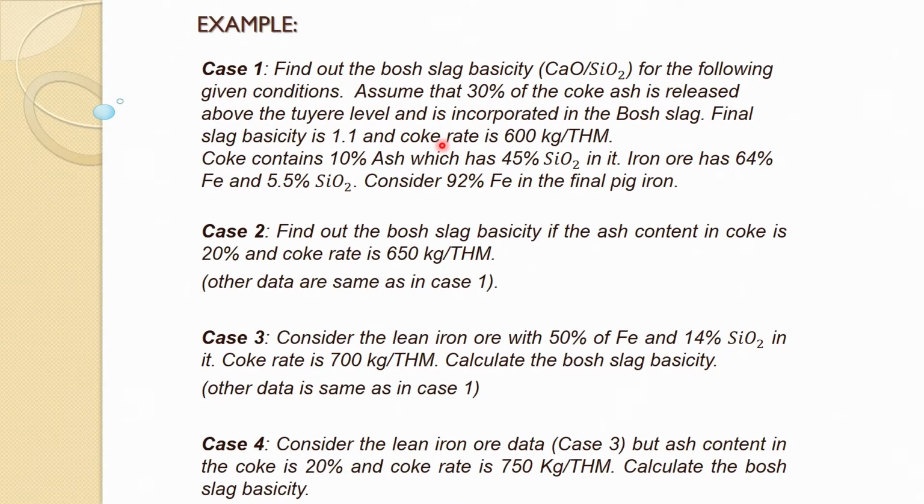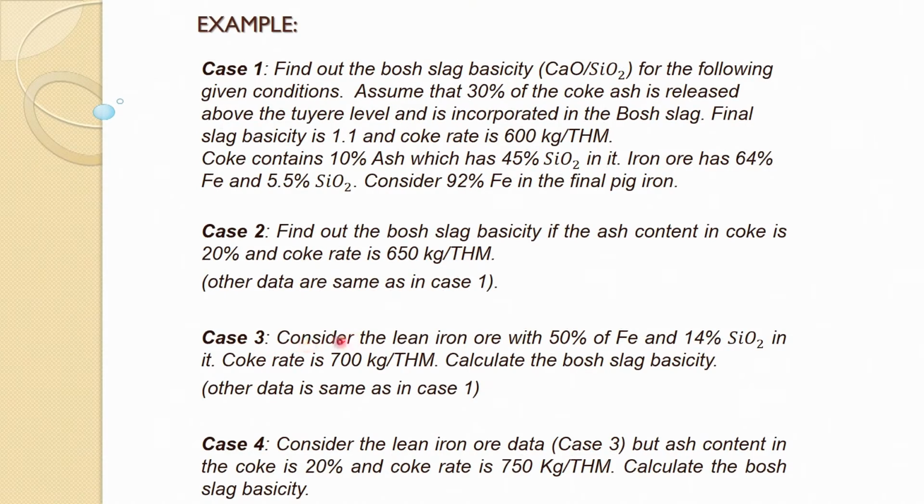In case 2, find out the Bosh slag basicity if the S contained in coke is 20% and coke rate is 650 kg per ton of hot metal. So, all other things are same, except that the percentage of S in coke is now 20%, and therefore the coke rate has also increased to 650 kg per ton of hot metal.